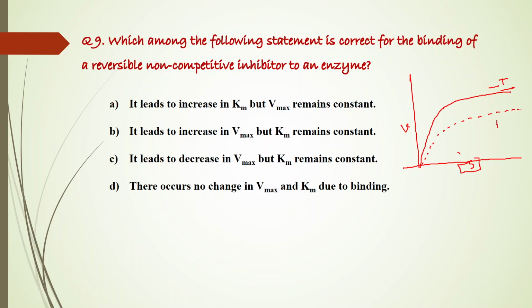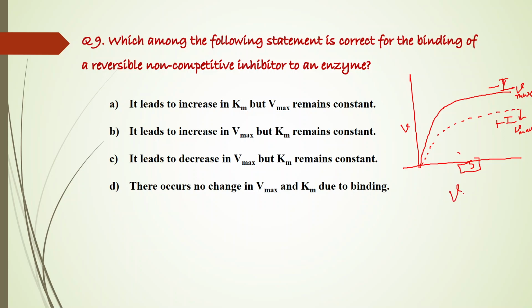So this is plus I and this is without inhibitor. This was our Vmax in absence of inhibitor. Now in presence of inhibitor, our Vmax is this, which is much lower than the original one.